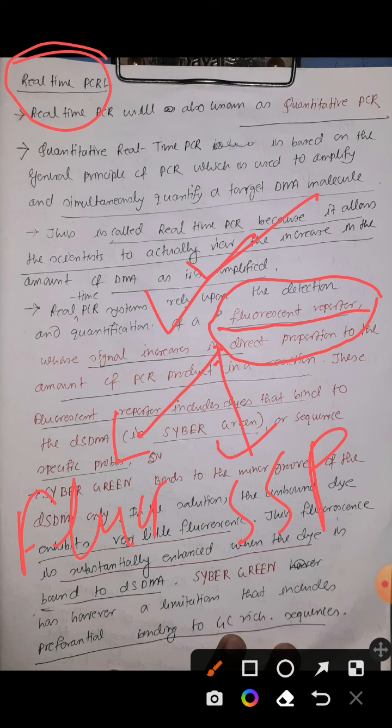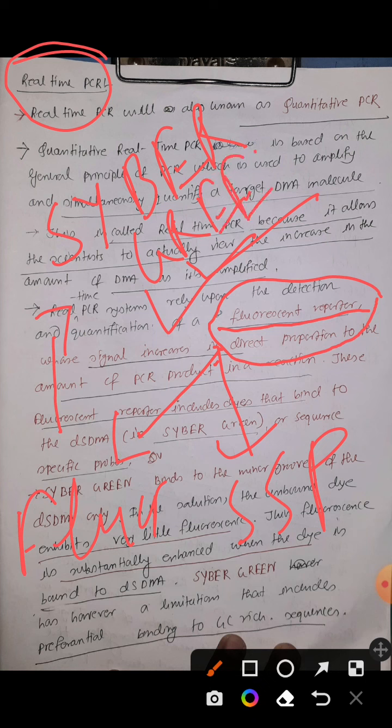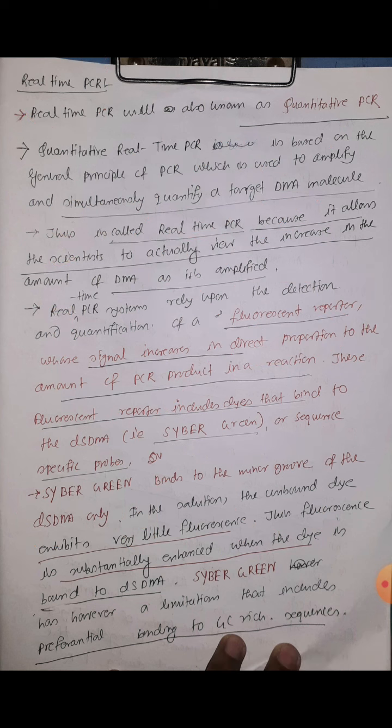The fluorescent dye that is commonly used is SYBR Green. This SYBR Green binds to the minor groove of the double stranded DNA molecule and in turn fluoresces, and this fluorescence light gives us a signal that can be measured with the help of a standard fluorescence measurement instrument. So let's discuss SYBR Green first.